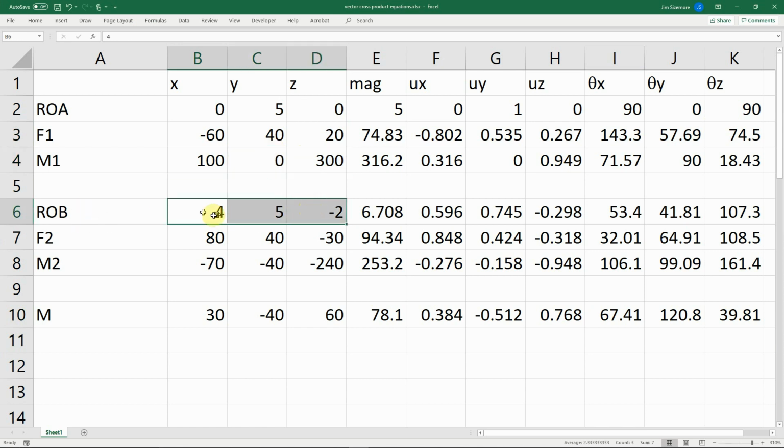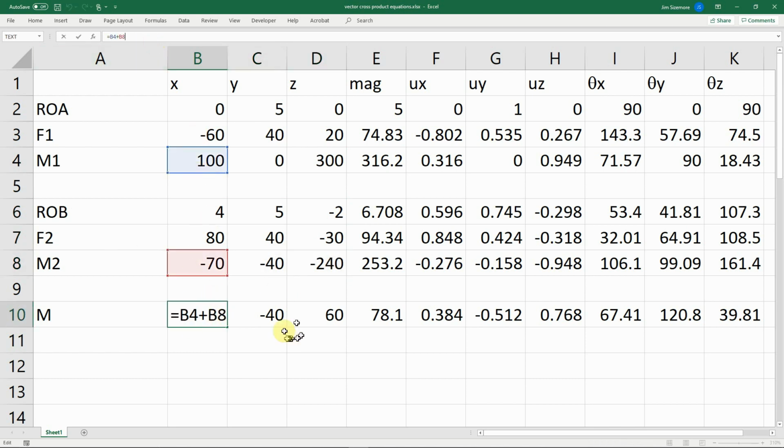Radius from O to B, 4, 5, negative 2. F2, 80, 40, negative 30. M2, negative 70, negative 40, negative 240. Oh yeah, that's the m's. Okay, and then the sum of the m's, which is just the sum of these. Each component is the sum of these two.